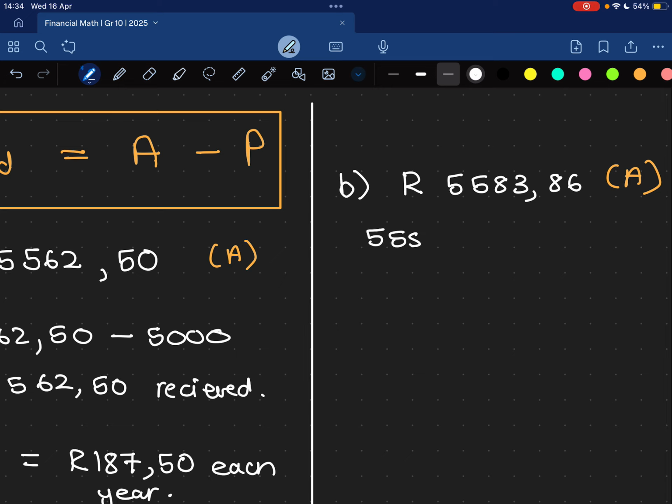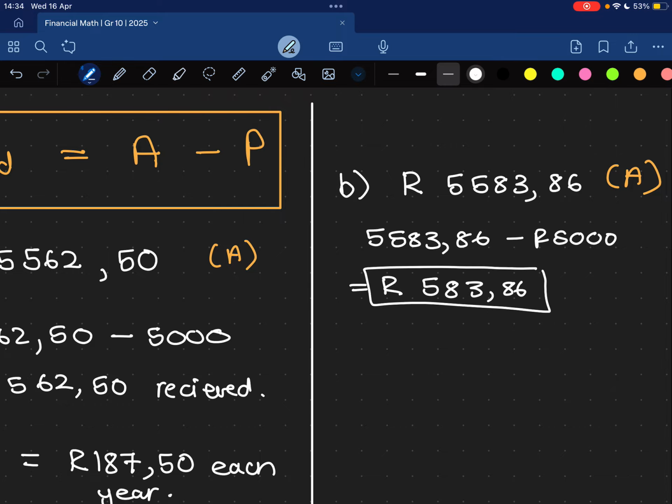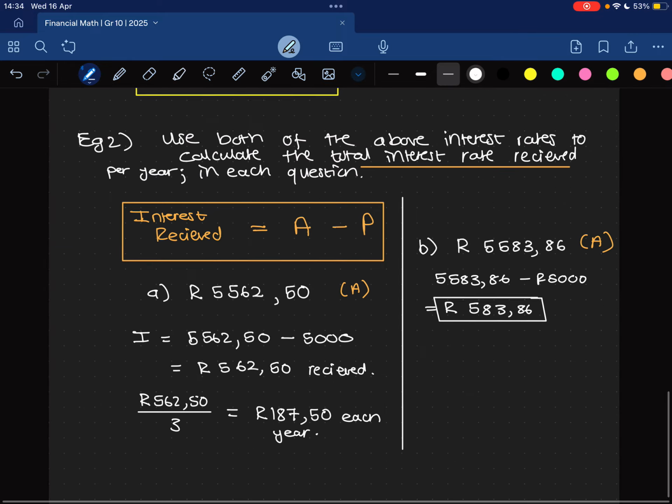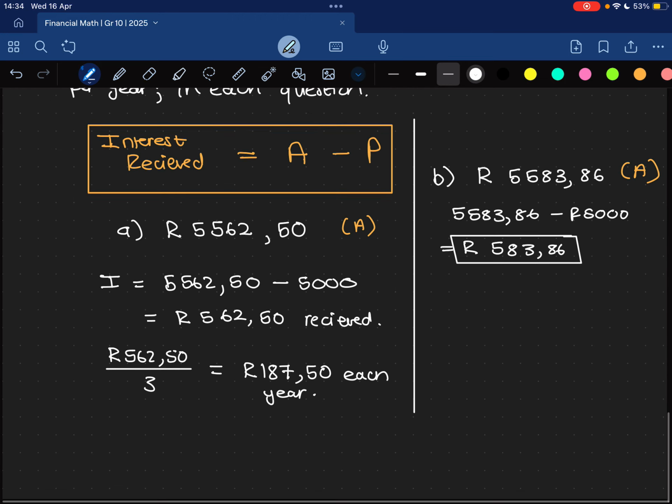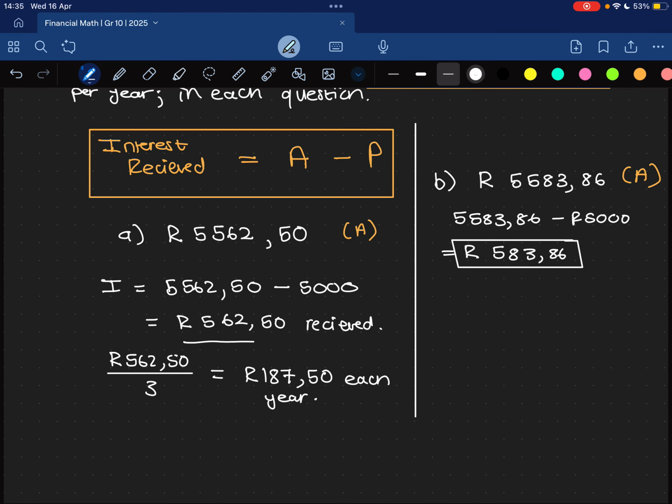So we'd have 5,583.86 minus the 5,000 Rand, which is going to be equal to 583.86 Rand.